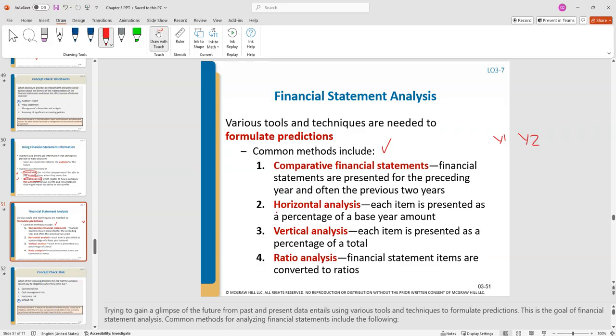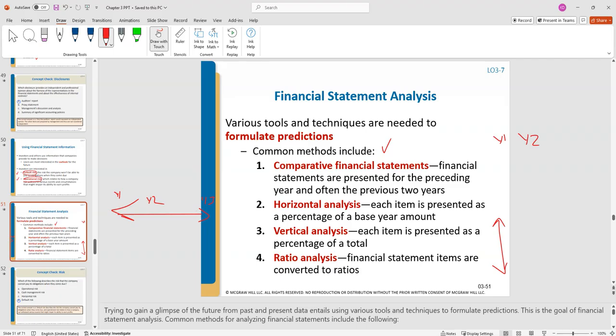We can perform, in this framework, horizontal analysis versus vertical analysis. Horizontal is kind of left to right, and vertical is up and down. So horizontal analysis might be looking at year one versus year two versus year three. It's comparing the financial statements over time.